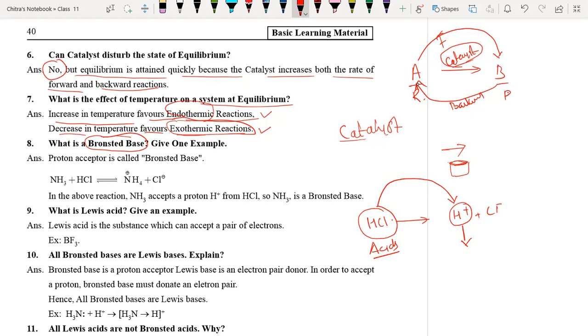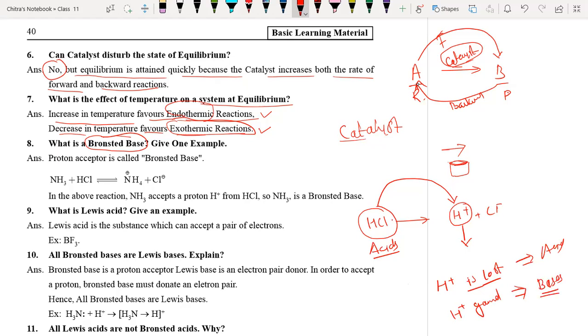If a substance accepts H positive ion, it is called a base. Those substances that lose or donate H positive ion, meaning H positive gets separated from the compound, are acids. When H positive ions are gained, whenever the substance gains H positive ion, it is called a base.